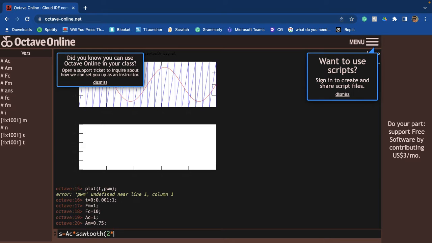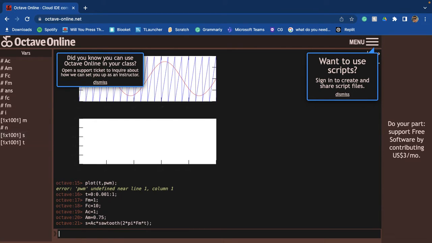Modulating signal M is equal to AM sine 2 pi FM.